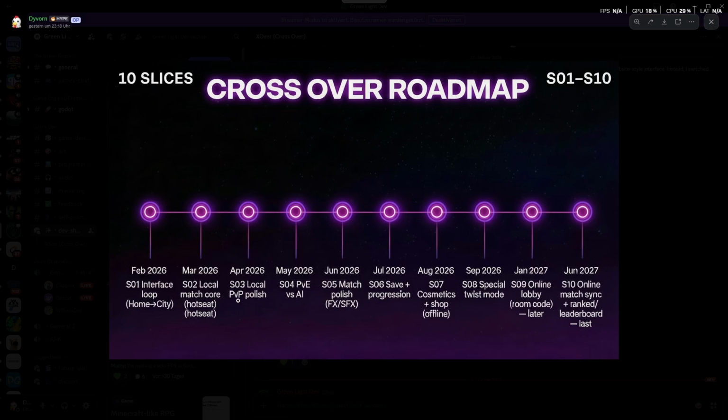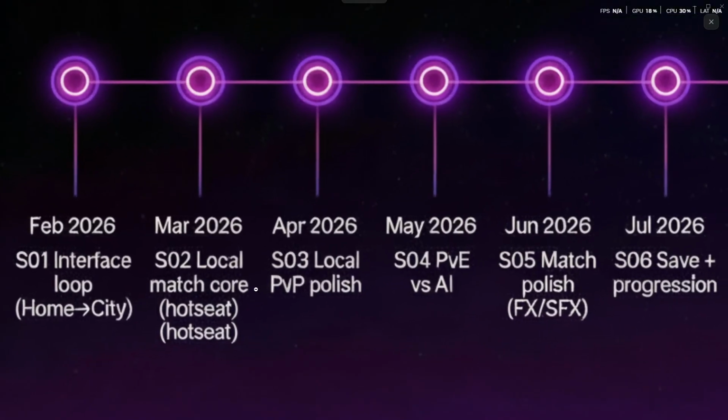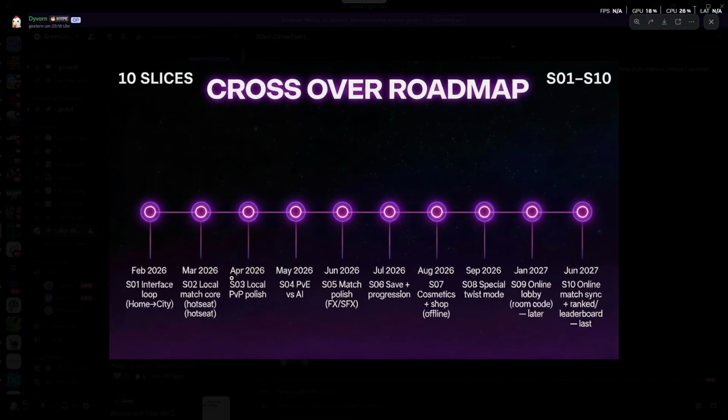And then we will have the local PvP polish, which is really important because it will have bugs, a lot of them, especially with syncing and stuff. When you sync the players, you will have bugs there, and also little improvements, a little bit of visual polish and all this kind of stuff that will come here.